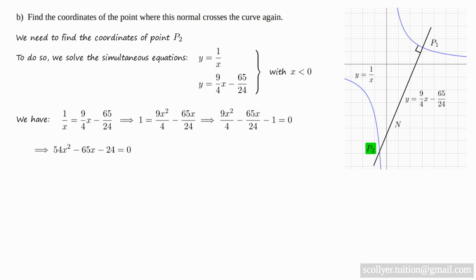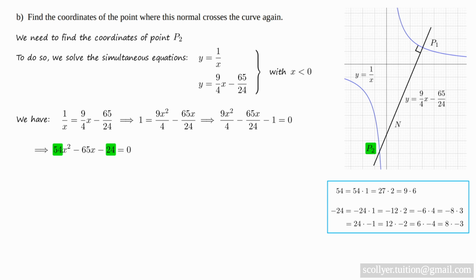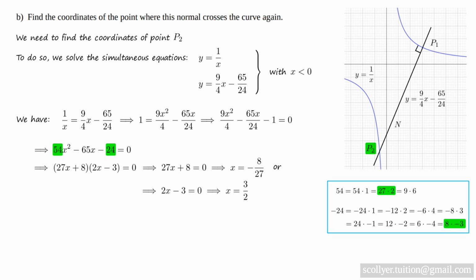Now this quadratic looks slightly forbidding, but it turns out that both 54 and 24 have relatively few factor pairs, as we can see here, and we quickly find that the factors 27 times 2 and 8 times negative 3 allow us to factor the quadratic as 27x plus 8 times 2x minus 3 equals 0, to give two possible solutions: x equals minus 8 over 27 or x equals 3 over 2.